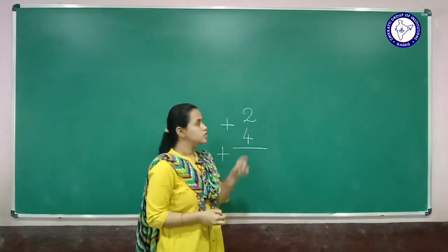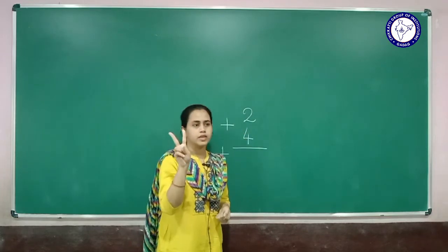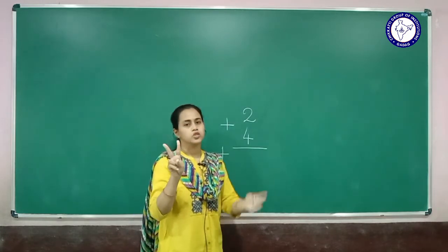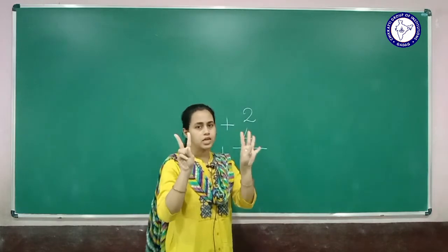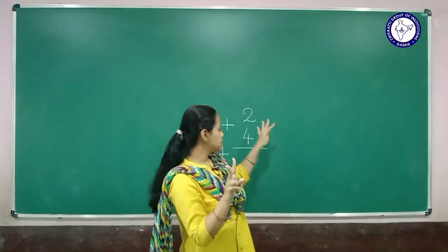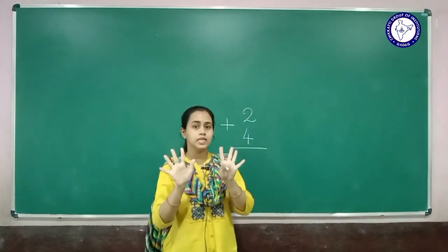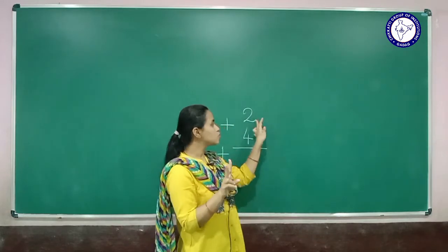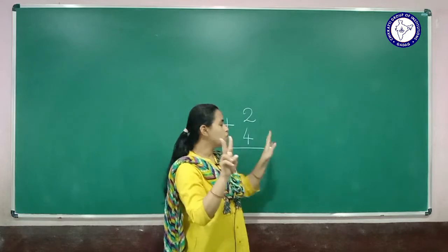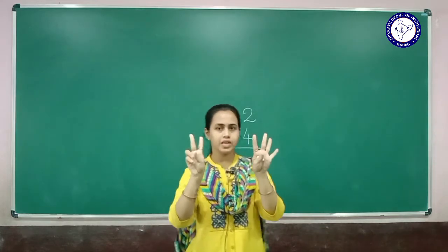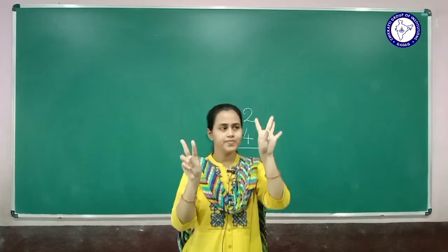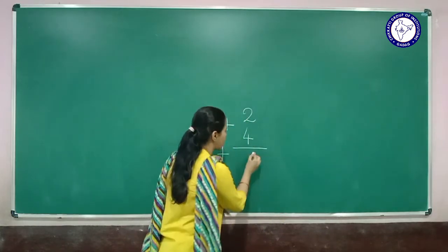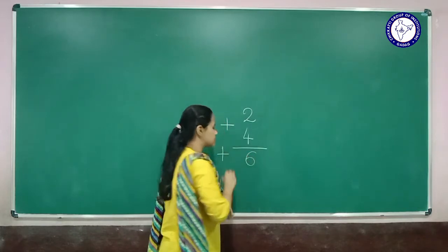How to add? We can keep 2 on our fingers and 4 on the other hand. We can count easily because these are small numbers, within 10. So 2 in our hand, 4 in the other hand. Shall we count? 1, 2, 3, 4, 5, 6. So the answer is 6.